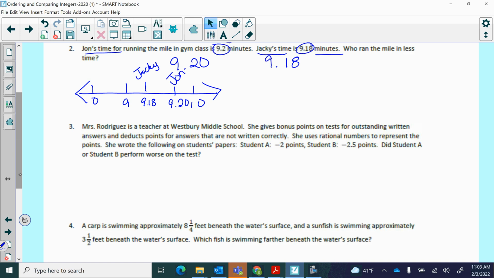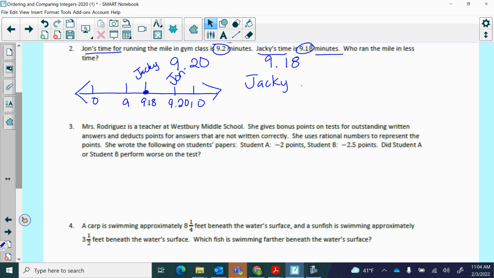So the question was, who ran the mile in less time? Jackie, because she is further to the left, and left always means less.